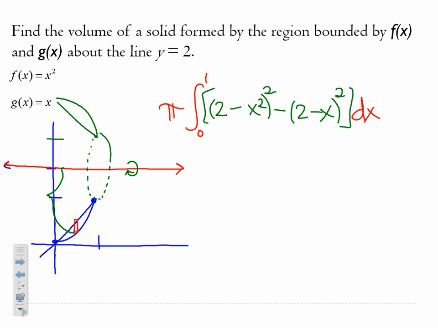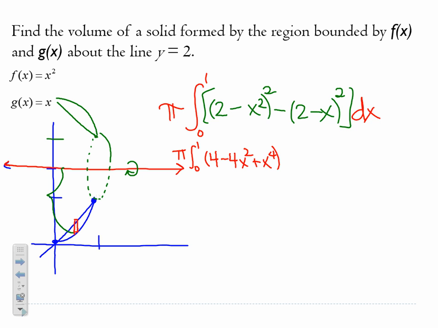We have time, so we can integrate this one. What would we have to do? The first one would start with x to the fourth, minus 4x squared, and then plus 4.